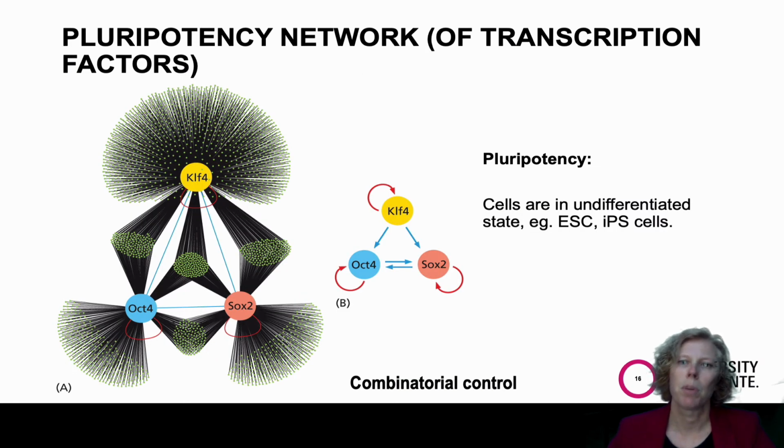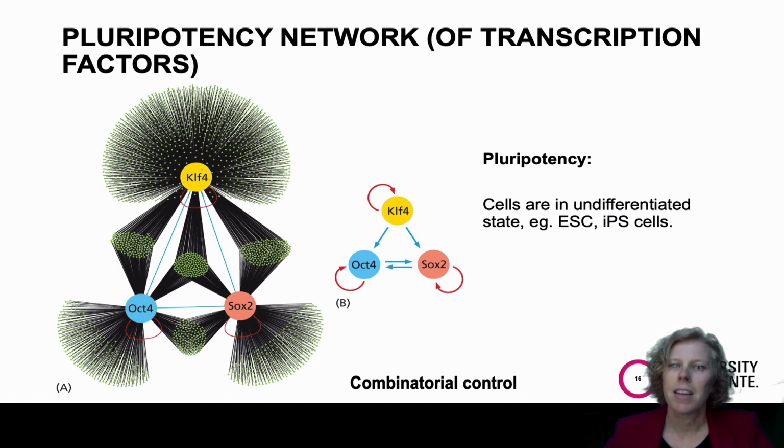Here's another example of combinatorial control. A set of 3 transcription regulators forms the regulatory network that specifies an embryonic stem cell. These 3 transcription regulators, KLF4, OCT4, and SOX2, are shown in large colored circles. The green dots are the genes whose regulatory sequences contain binding sites for each of these regulators.